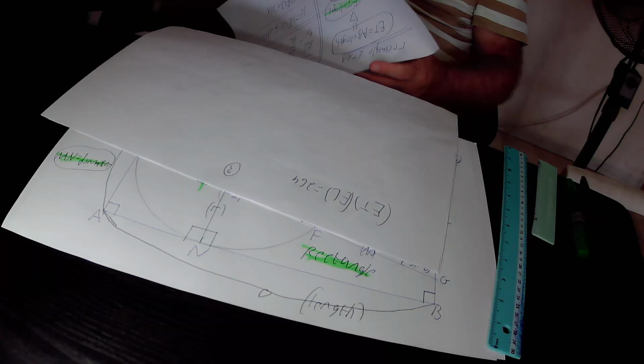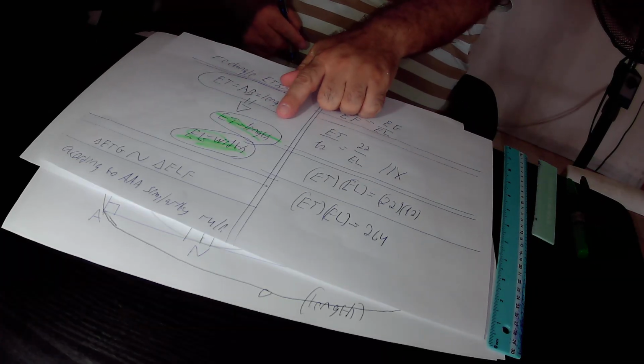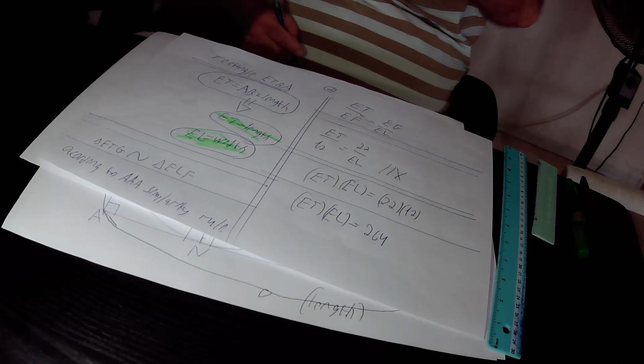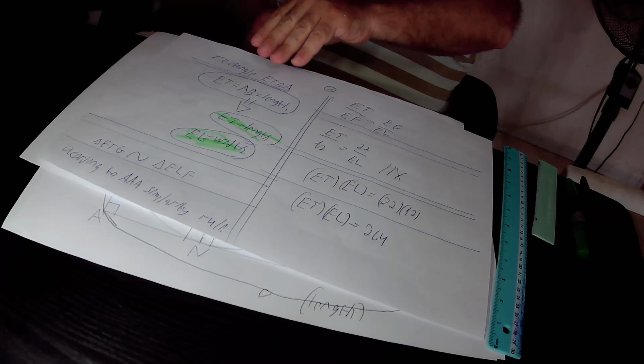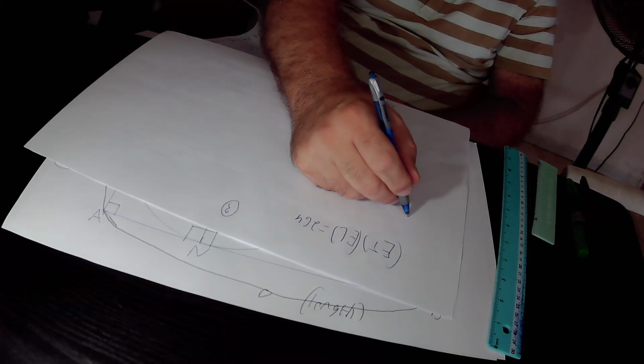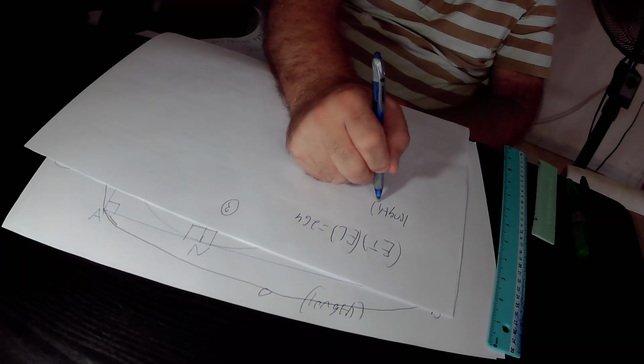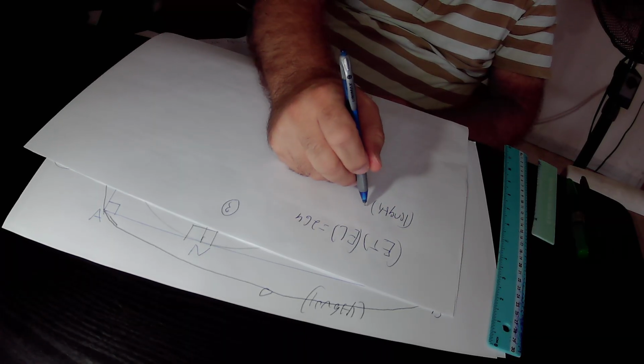But we already found out that ET is the length of rectangle ABCD and EL is the width of rectangle ABCD. So we substitute ET by the length of rectangle ABCD and we substitute EL by the width of the same rectangle ABCD.